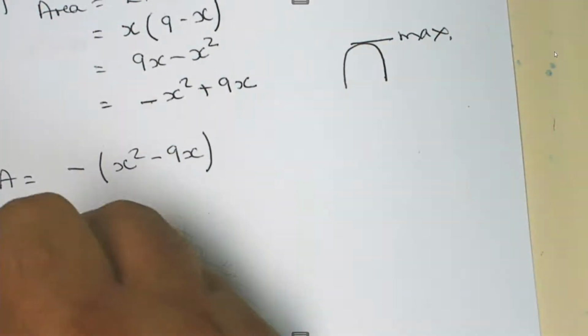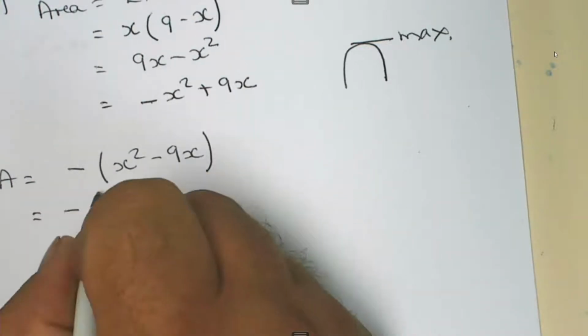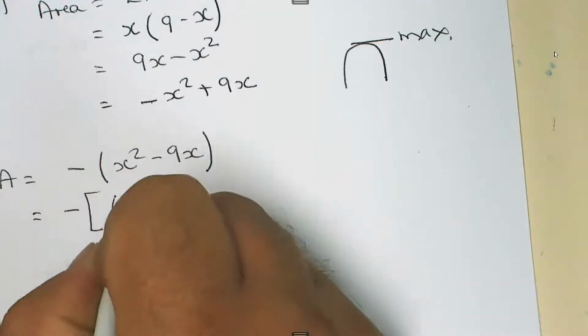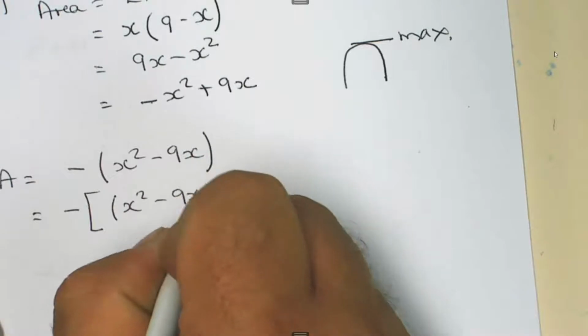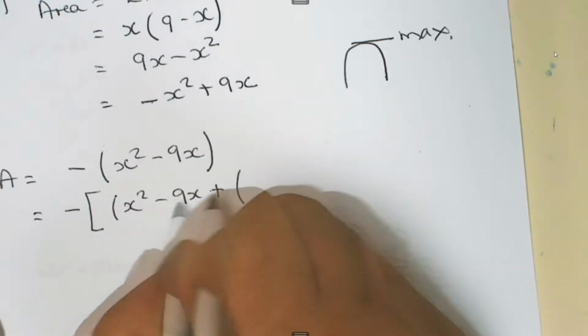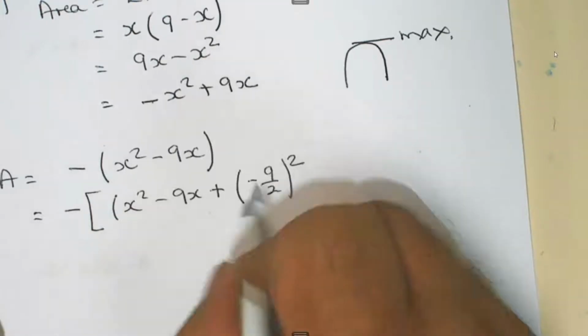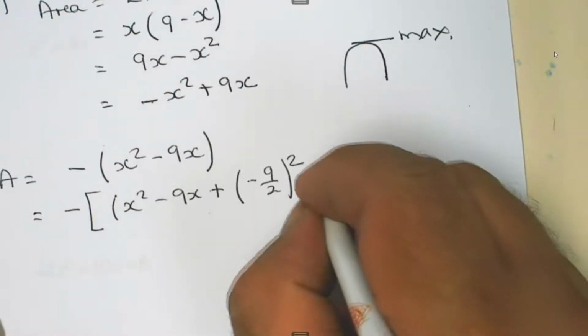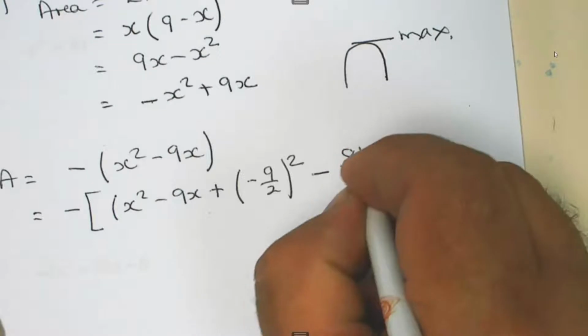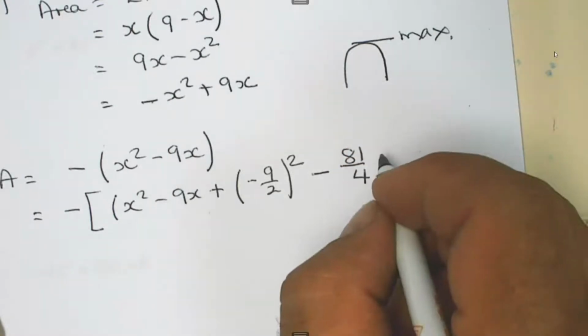Then we complete the square: keep the first two terms, add half the coefficient of x, negative 9 over 2, to be squared. If I add 81 over 4, I subtract 81 over 4 in this case.